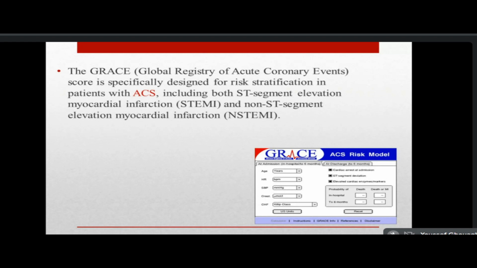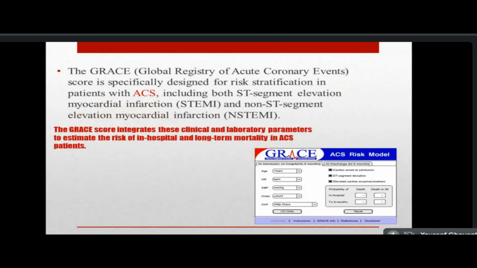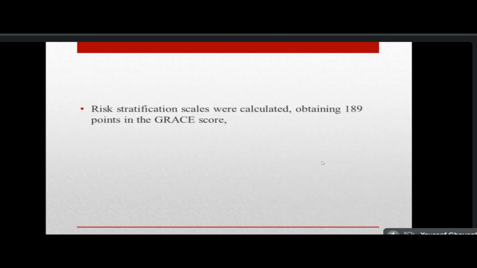This image shows us that the GRACE score integrates clinical and laboratory parameters to estimate the risk of in-hospital and long-term mortality in acute coronary syndrome patients. The risk stratification scales were calculated, obtaining 189 points in the GRACE score.